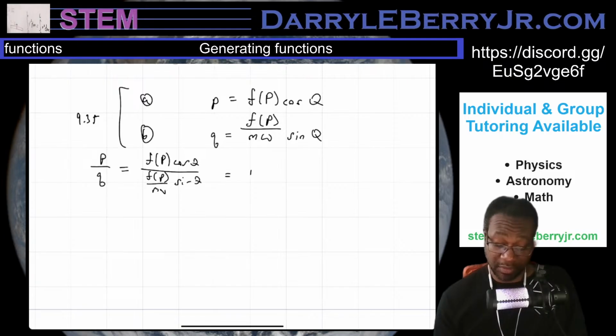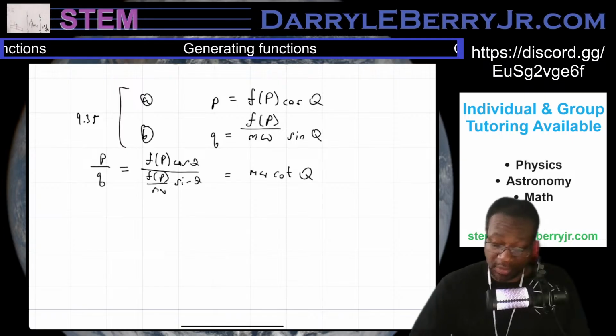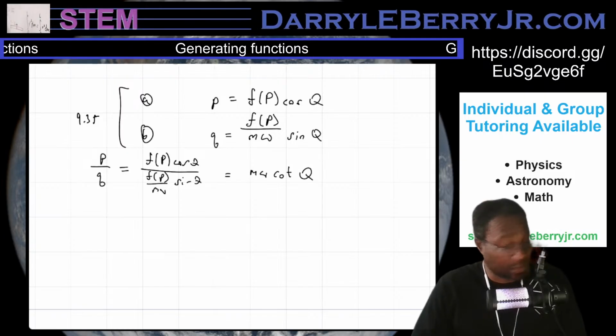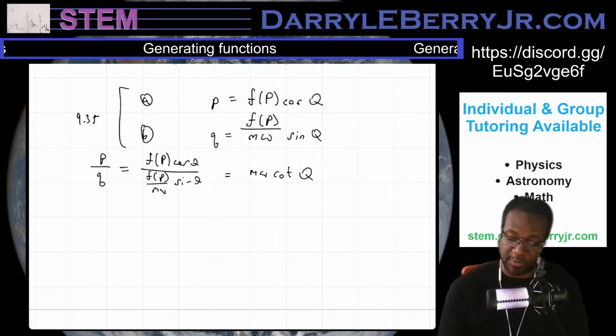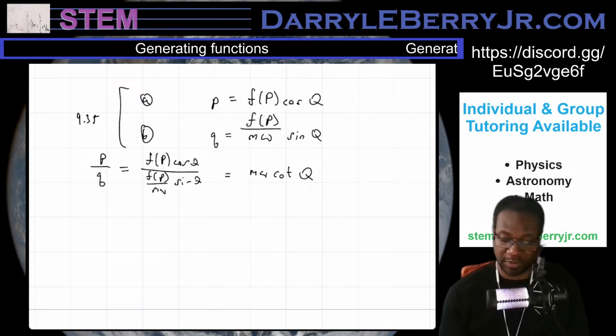That does give me m omega cotangent q, but it still does not tell me about the q squared over 2. Right, so I'm not sure how they got the generating function there.